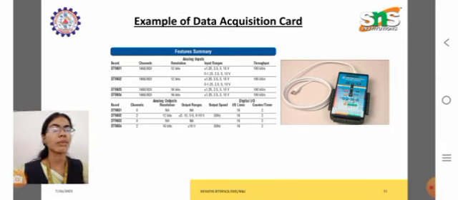Some examples of data acquisition cards: board, channel, resolution, input range, and throughput are given in a feature summary, whereas the input ranges of the board, the channels of the board, and the resolution of the board are clearly explained, along with the output speed, output ranges, analog output resolution, etc.